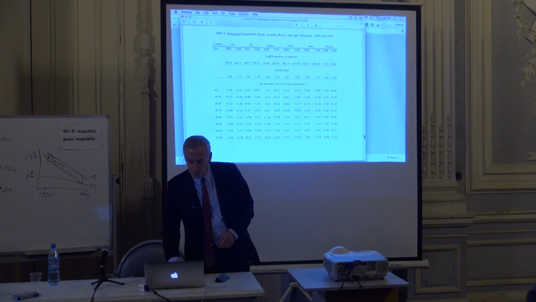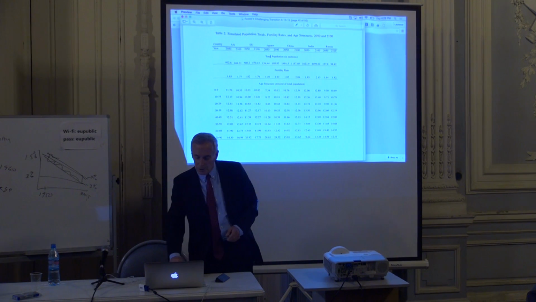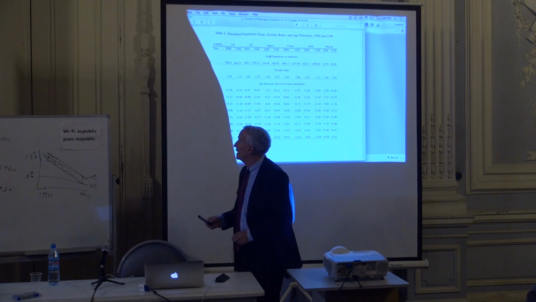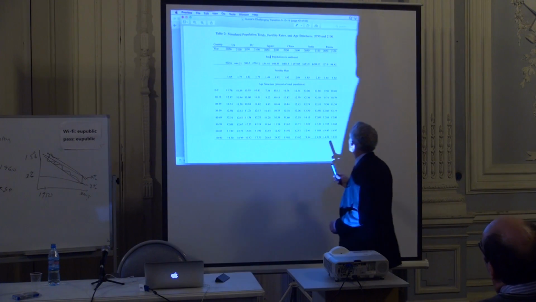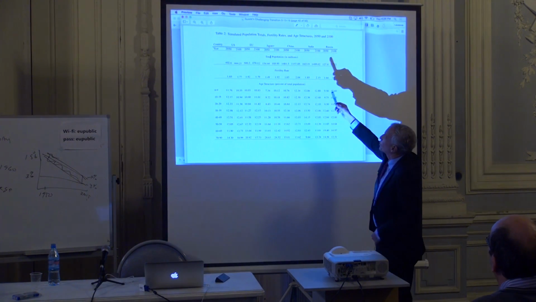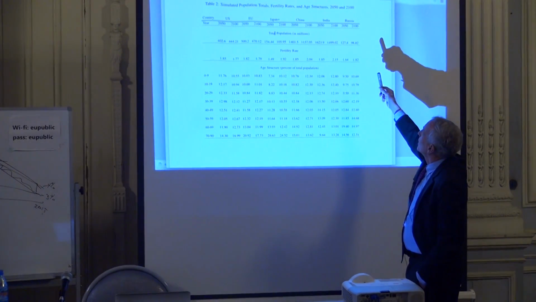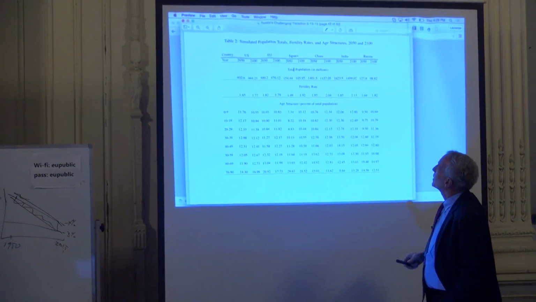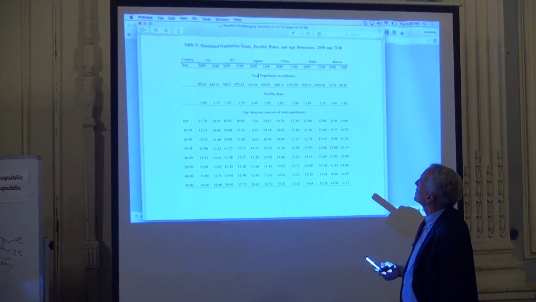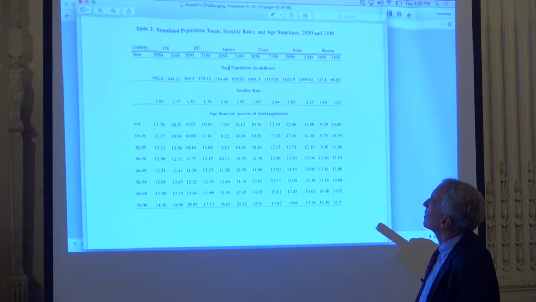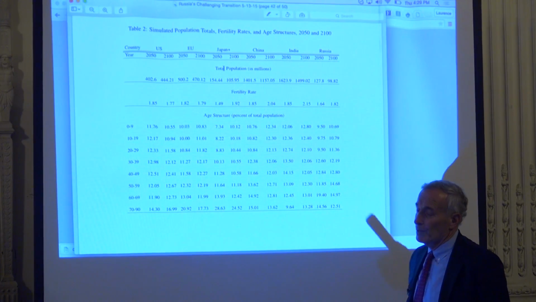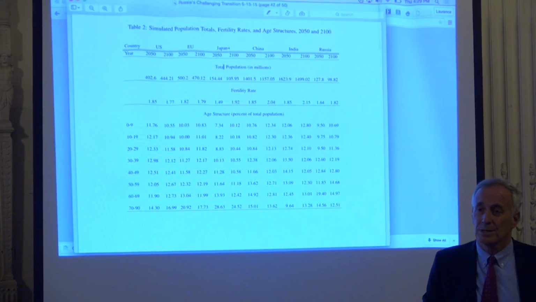Now, what about after 2050? We don't have any official projections, so we're just relying on the model, but Russia's population ends up at 98 million, basically down 44 million people from where it is today.